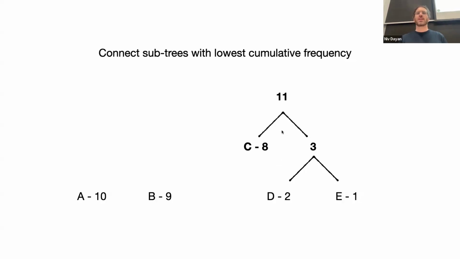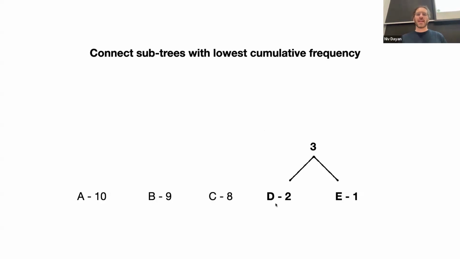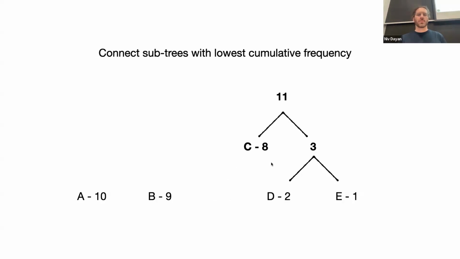And I just continue doing this. I'm going through this fast because you all said that you know this algorithm. The next thing that I'm going to do is now I have a subtree of frequency 3. The next smaller thing is 8. I'm going to connect those. Next, what do I do next in this algorithm? What's the next step? Connecting B to this? A and B, correct.